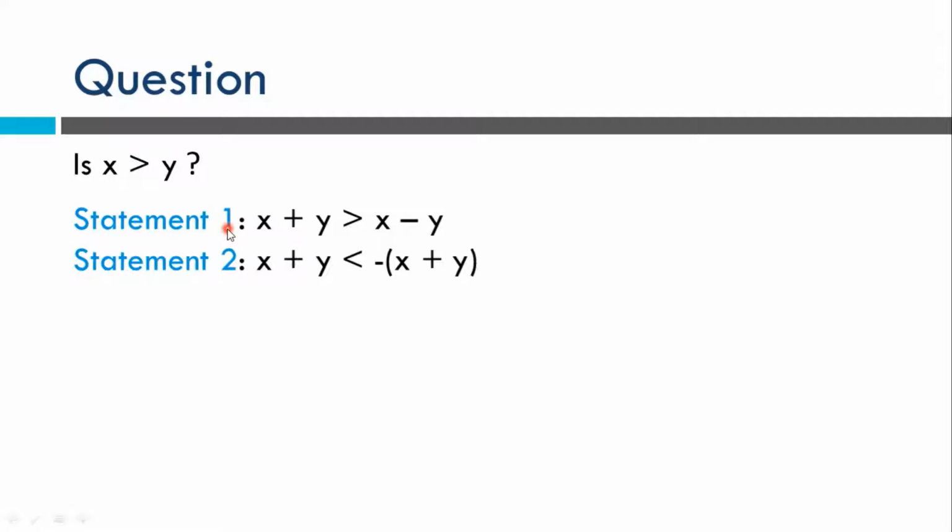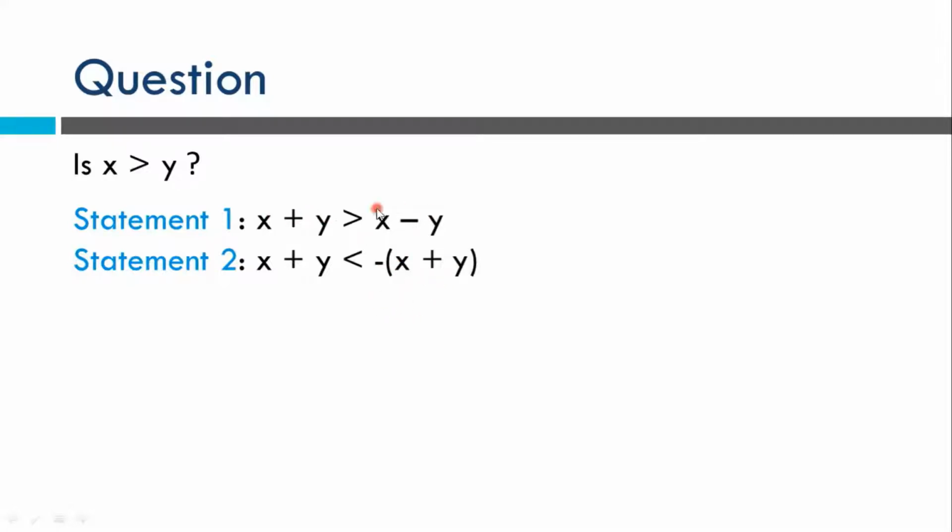If we consider two numbers, if their sum is greater, then their difference must be greater. The second statement is, if their sum is less, then their negative sum, what I mean to say, the negative of the sum is greater. Then their sum is less than their negative sum, or negative of the sum.